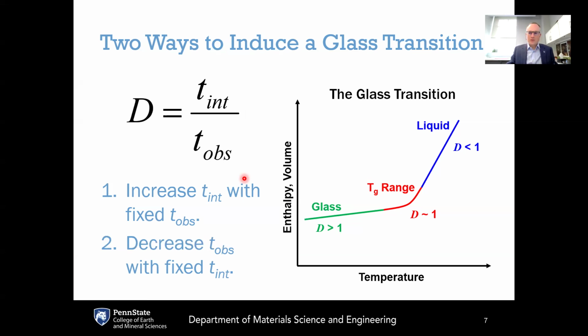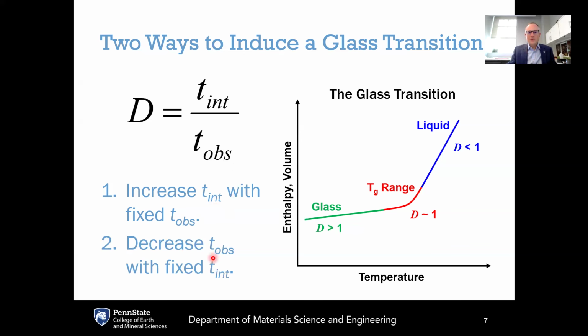However, as the frequency increases, we're observing the system on a shorter time scale, and the response becomes solid-like. So this is a way of inducing a glass transition as a function of frequency, which is related to 1 over the observation time.